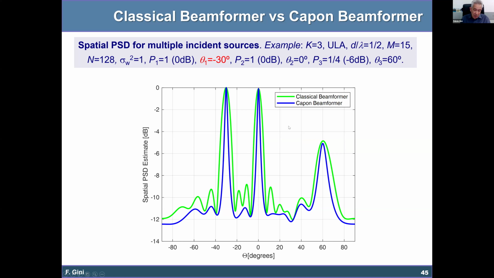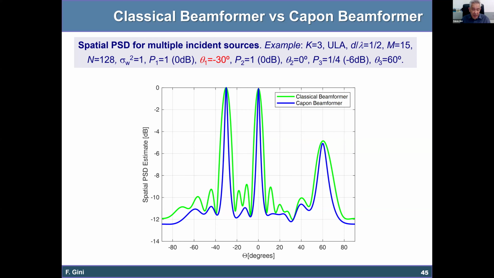This is because Capon makes use in the design of the filter of an estimate of Ry. So in other words, it attenuates more those directions where the interference is present. And this allows Capon to achieve a better resolution.